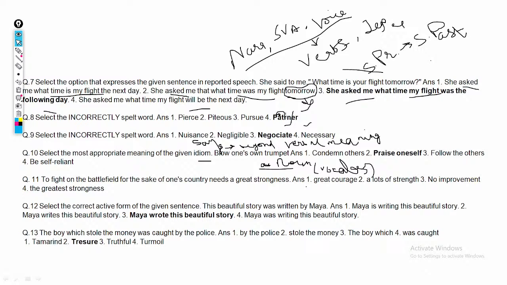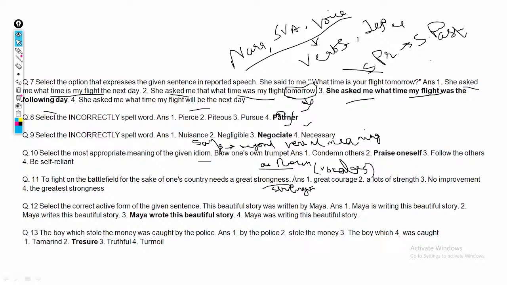So pertaining to this one, a great strongness is not at all relevant, because first of all, we don't have a word called strongness. We have the word strength. But is this related to strength more, or does it need courage?